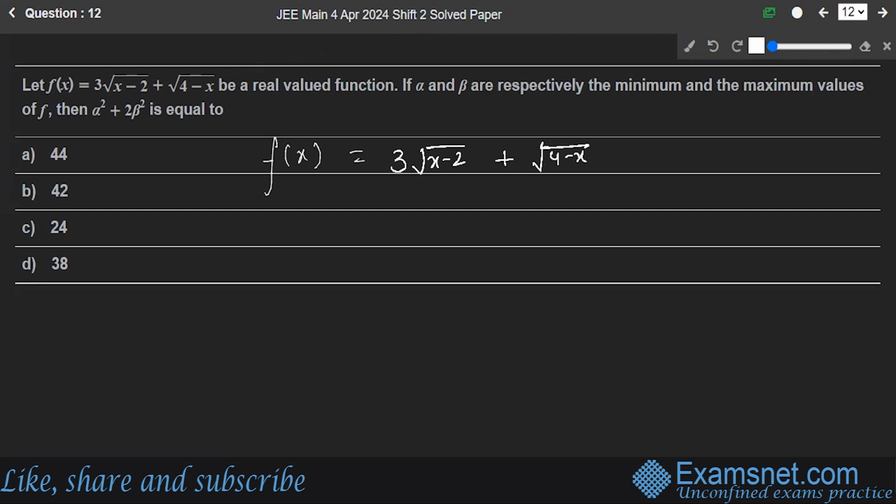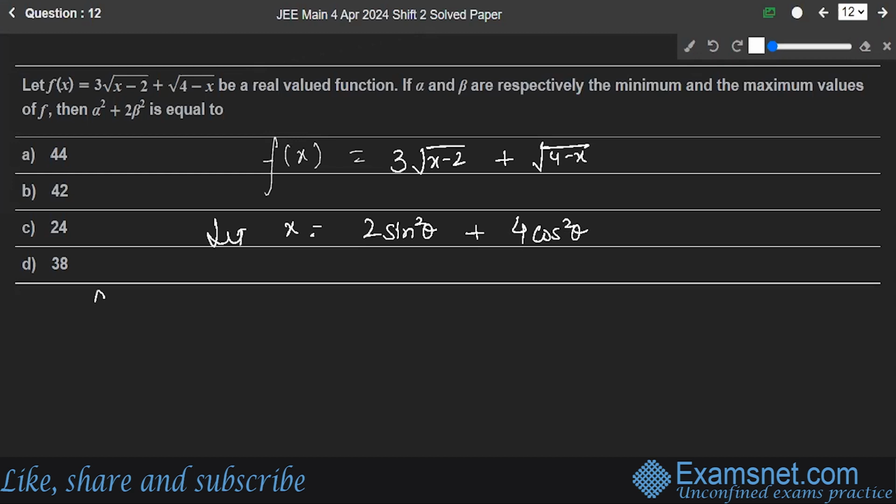this function, right? Let's say x is equal to 2 sin²θ plus this. As I'll be solving the sum, you will come to know why I have done it. Okay.